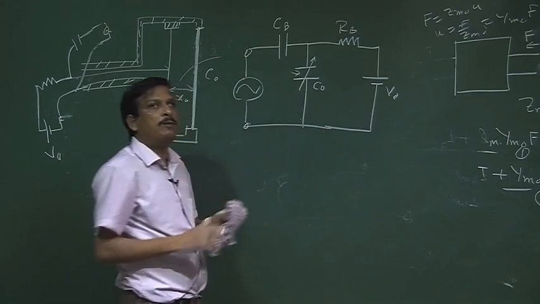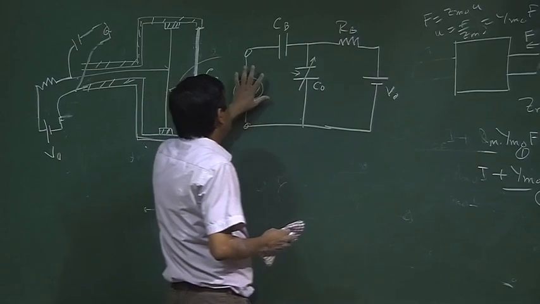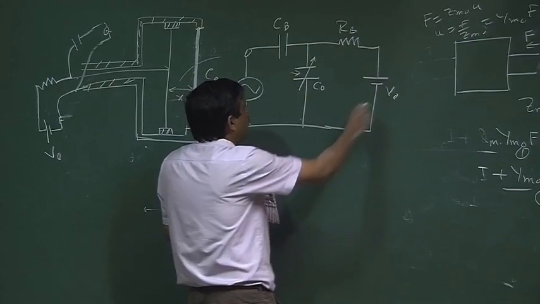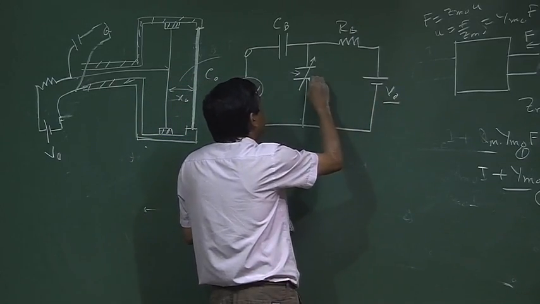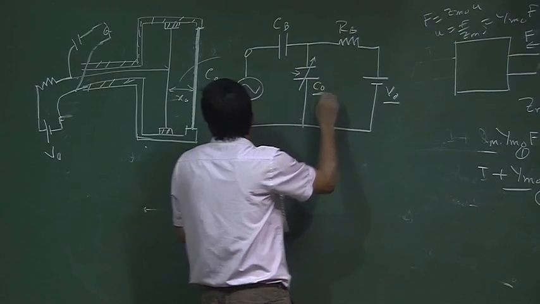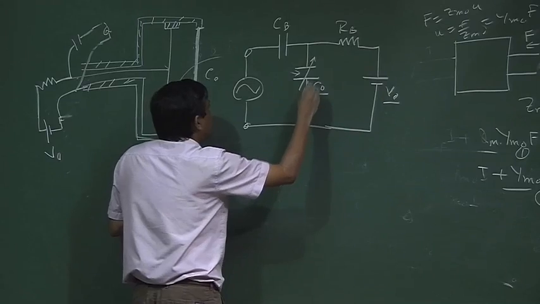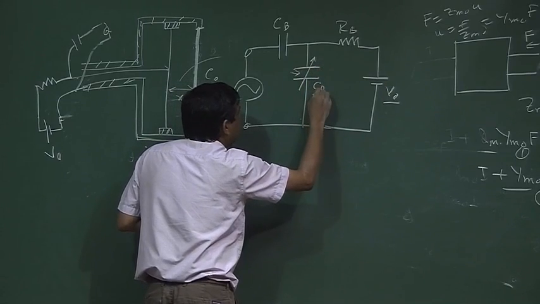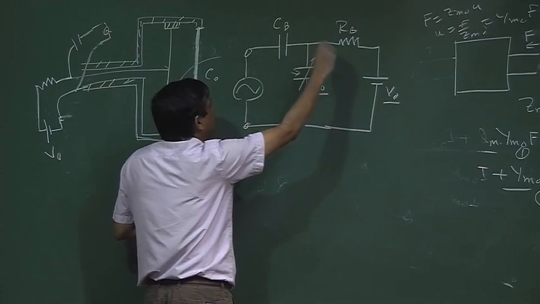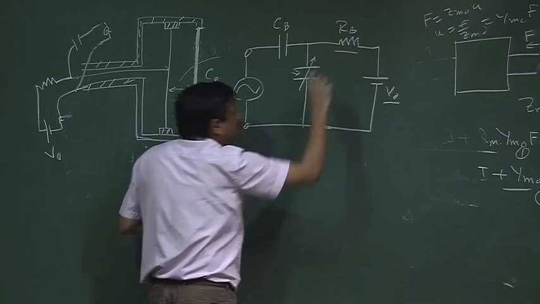So, let us describe the functionality. Initially there is no signal voltage. So, V0 voltage is applied and the capacitor is charged; at the voltage V0 the capacitance of this capacitor is C0, and the resistance RB charges the capacitor.